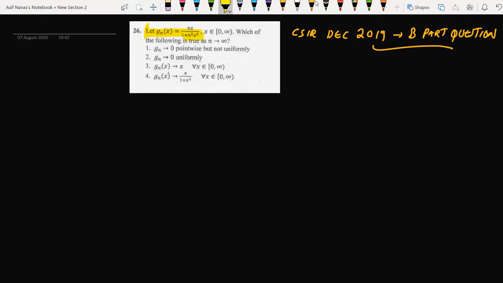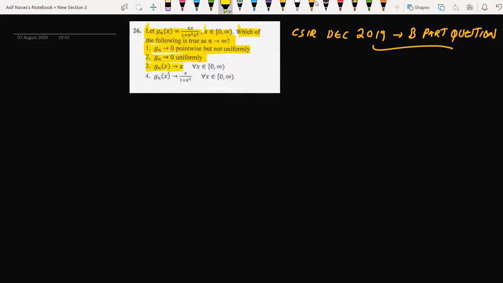divided by 1 plus n squared x squared, for all x belongs to (0, infinity). Which of the following is true as n tends to infinity? First option, g_n(x) converges to 0 pointwise but not uniformly. Second option is g_n(x) converges to 0 uniformly.